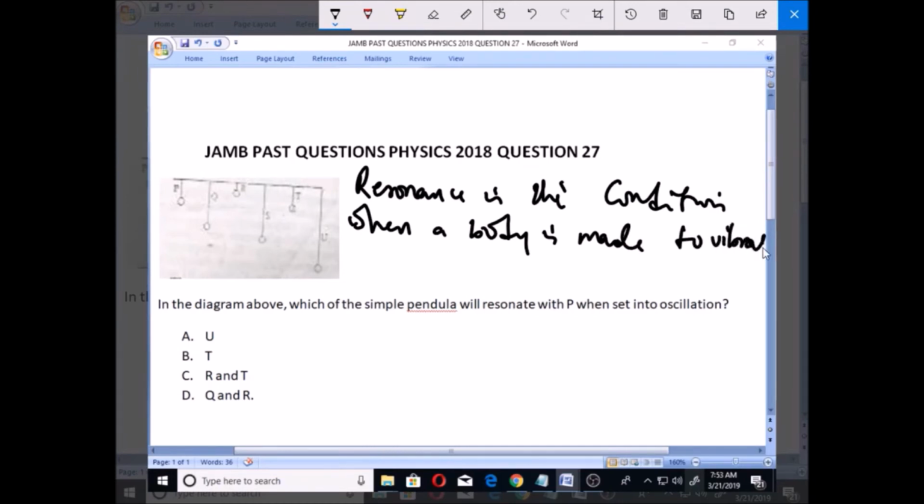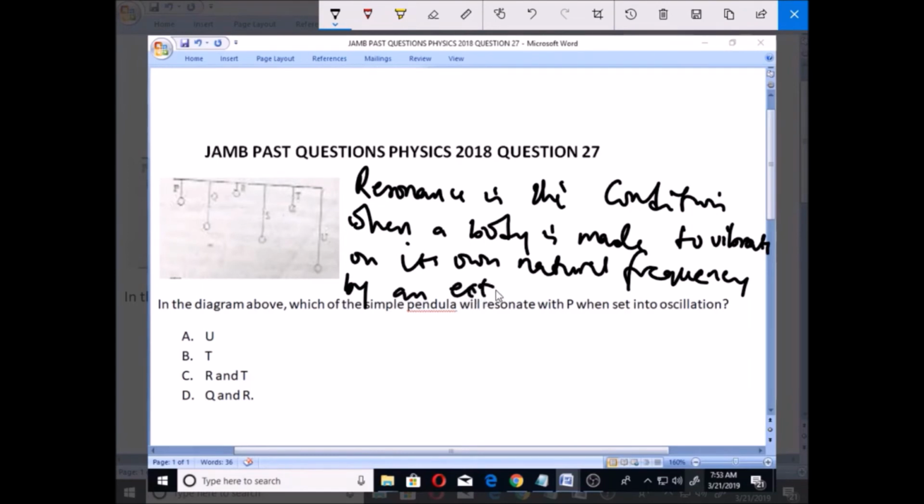Whenever you make a body vibrate on its own natural frequency by an external vibrating body, by another body that is vibrating, then you have resonance.